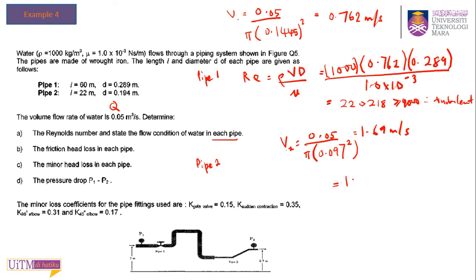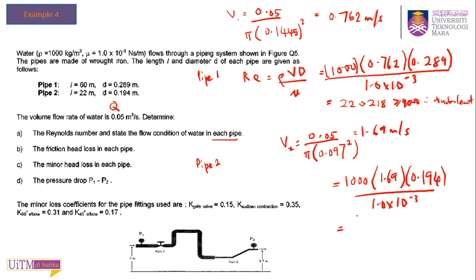Similarly for pipe 2, you do the same. 1000 times the velocity 1.69 times the diameter of pipe 2, 0.194, divided by dynamic viscosity 1 times 10 to the minus 3.